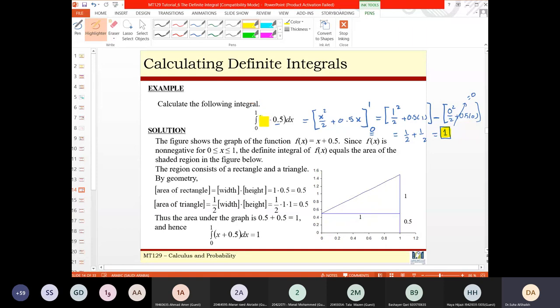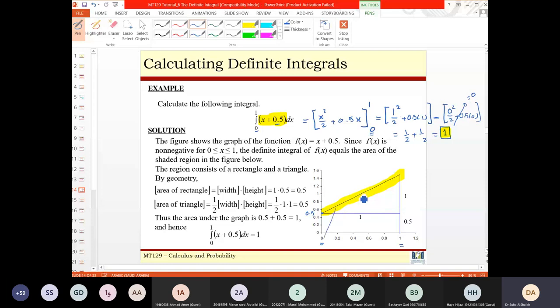Geometrically, what does x plus half mean? It means this line, a line with the y-intercept equal to half. And I want the integration from x0, this is x0, to x1, and this is x1.